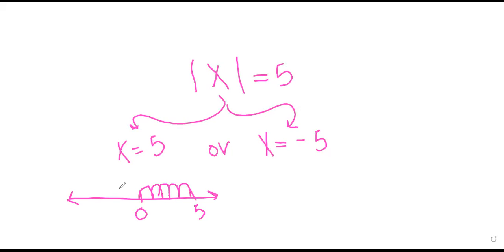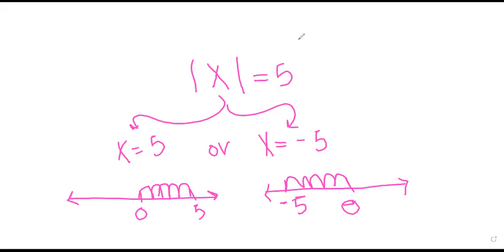Also, if I ask, what is the distance between 0 and minus 5? The distance is 5. So the distance is always positive. That's why the absolute value of x is equal to 5 has two answers.